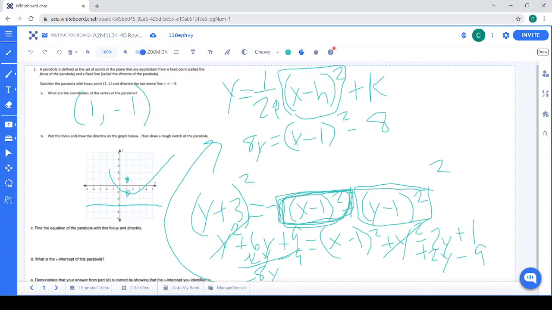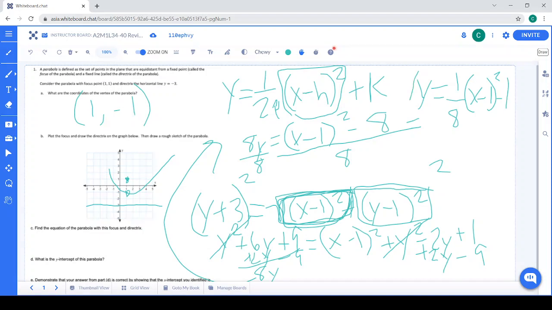Now, for me to finish this, I'm going to have to do what? I've got to divide by 8 here. So when I divide through everything by 8, I get y equals 1/8 (x minus 1) squared minus 1.